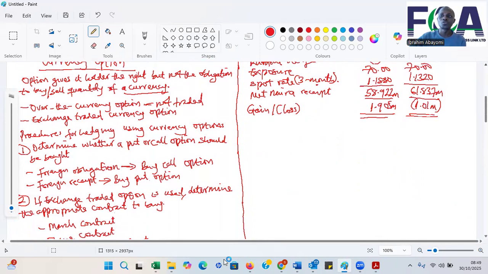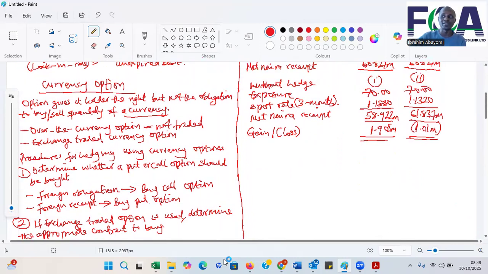Okay. So let's go to the next one, which is number 3, which is using option.